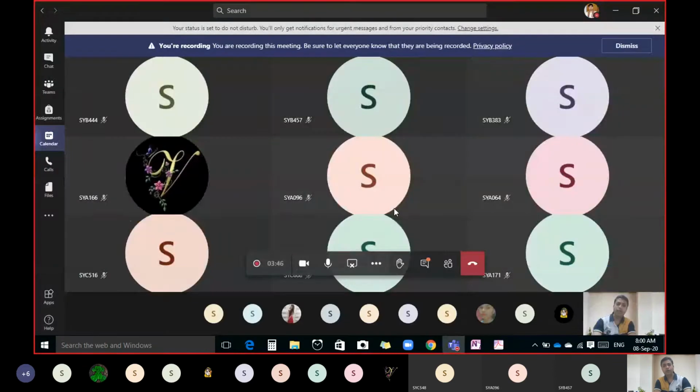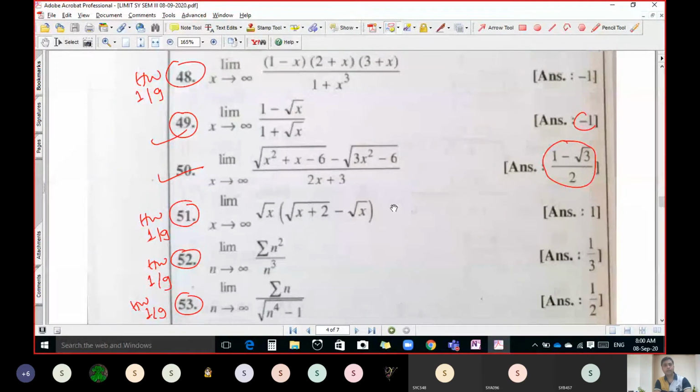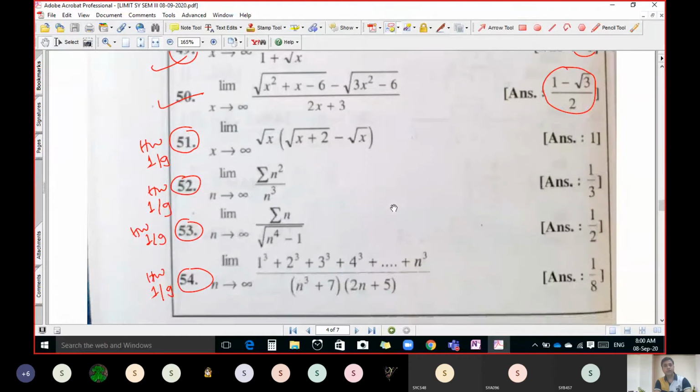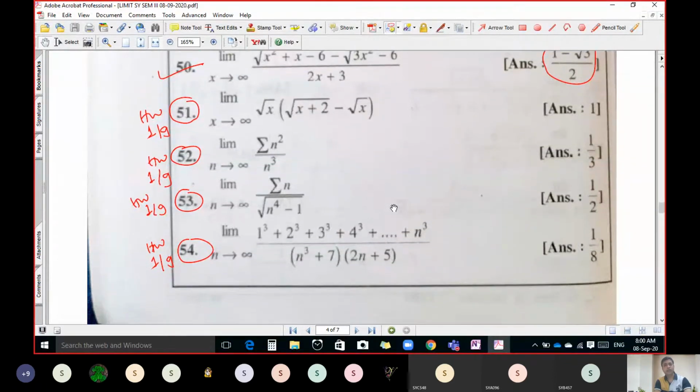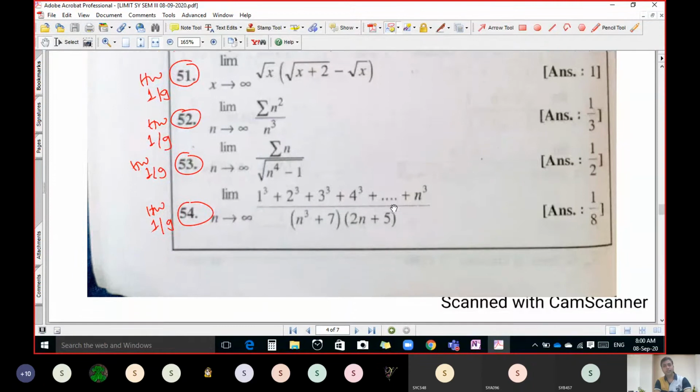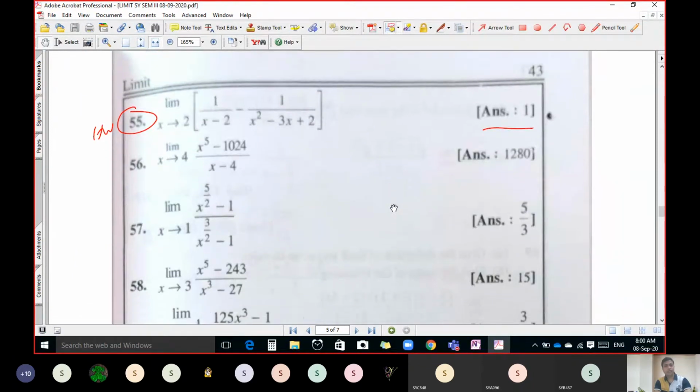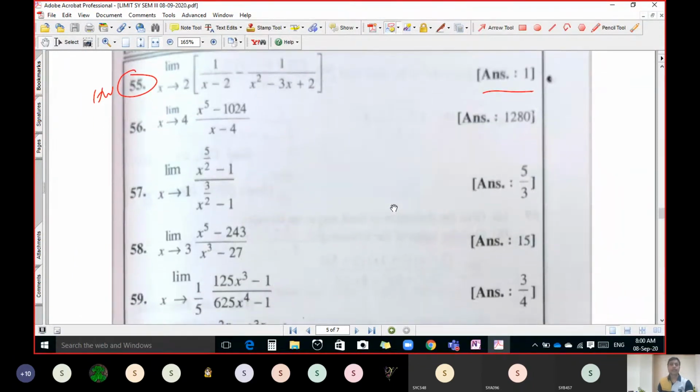Any of you have any problem in any of the examples? 48, 51, 52, 53, 54. Okay, fine. So let us start the next example.